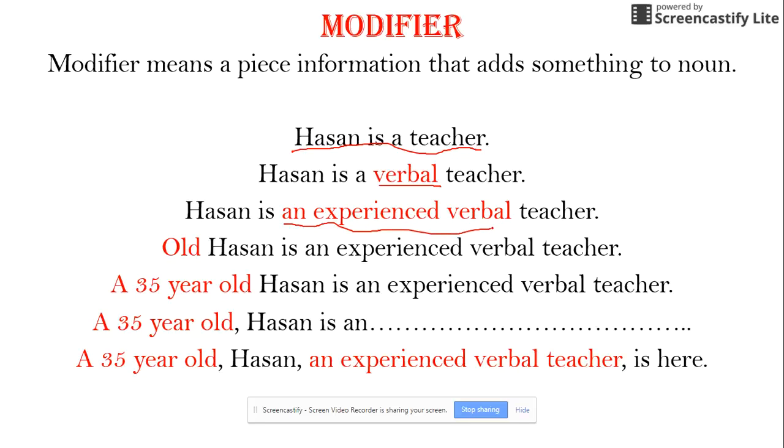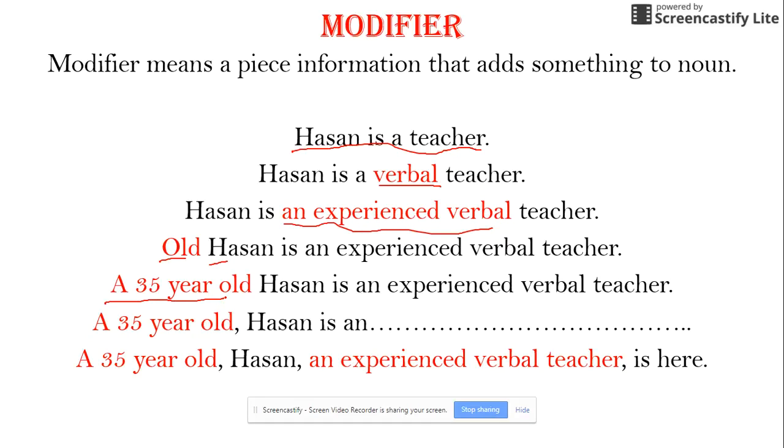It was simple teacher, now with elaboration, an experienced verbal. It means this is a modifier for teacher. Look, old Hassan is an experienced verbal teacher. Again, old is a piece of information for Hassan. At the same time, a 35-year-old Hassan again is a piece of information.